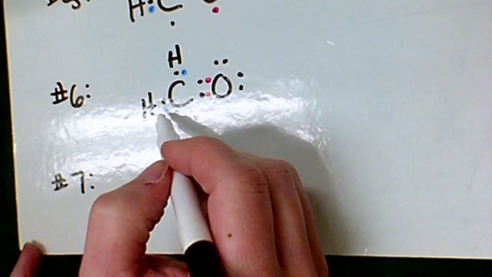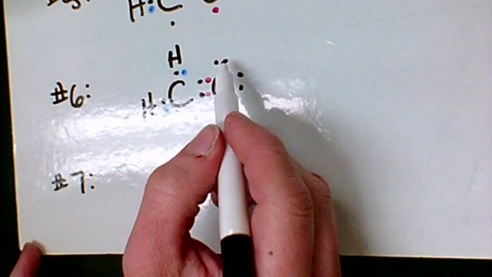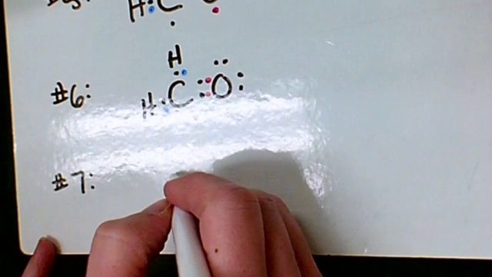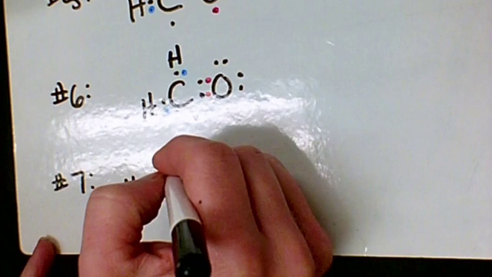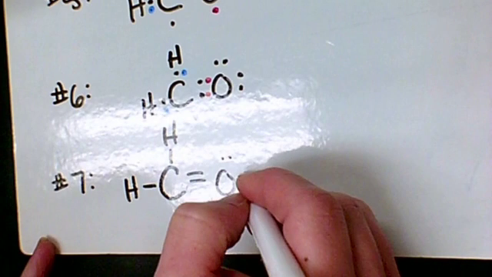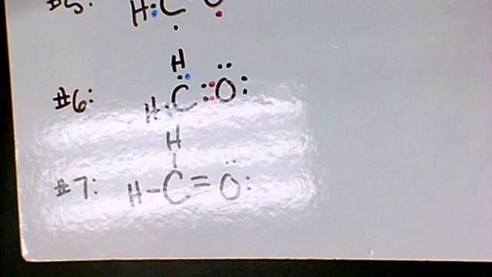So I have 1, 2, 3, 4, 5, 6, 7, 8, 9, 10, 11, 12. I have the correct numbers, so I will replace those bonded pairs with my lines. And this is what I have. This is what the Lewis structure for formaldehyde looks like.